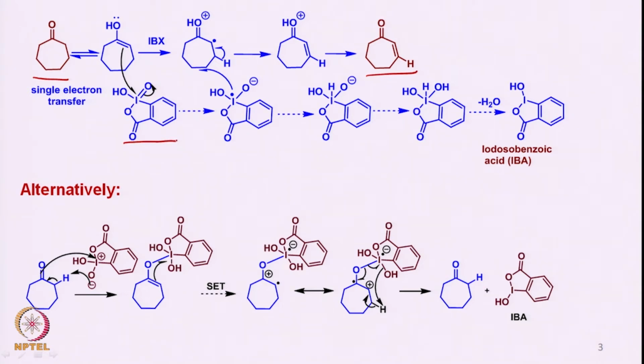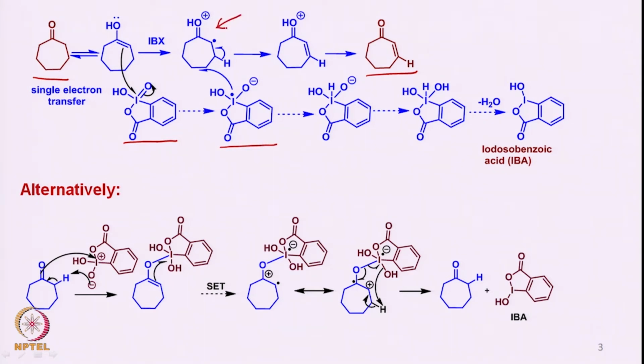And what I showed is that if the ketone is in equilibrium with the enol, there is a single electron transfer to the IBX, which leads to the formation of a radical anion here and a radical cation here.